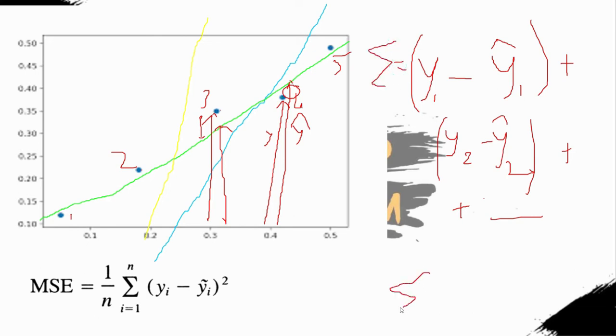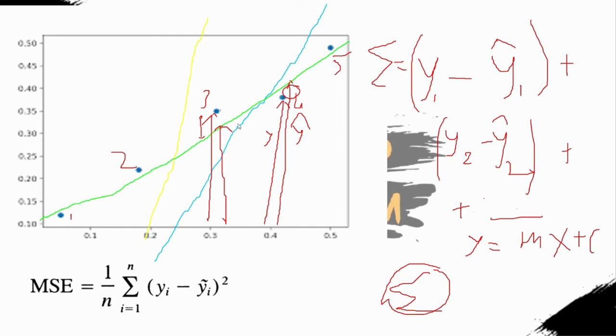I enforce a condition on my line, because my y is nothing but equal to mx plus c, and somehow I find an m and c which minimizes this sigma, my objective is reached. And so this green line which you are seeing is actually minimizing this sigma.